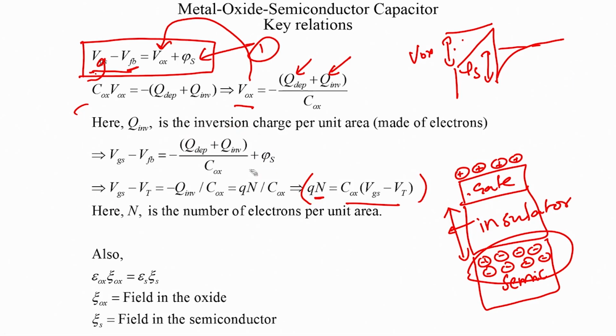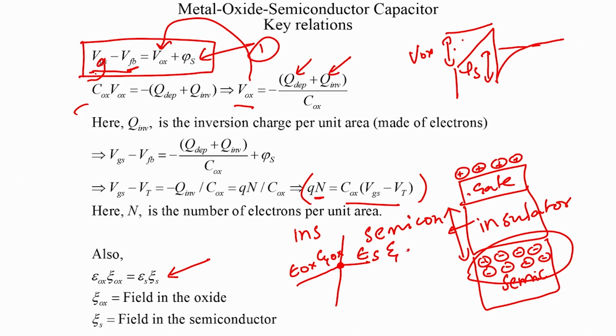Okay. So, we need another equation. Now, the other equation is equating the displacements at the insulator semiconductor interface. So, what this equation says is the epsilon ox times the electric field in the oxide, this product at this interface must be continuous, which means it must match epsilon s into the electric field in the semiconductor.